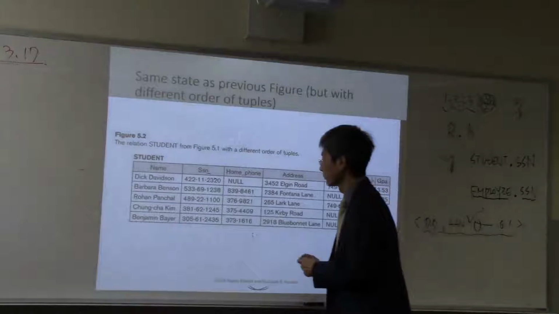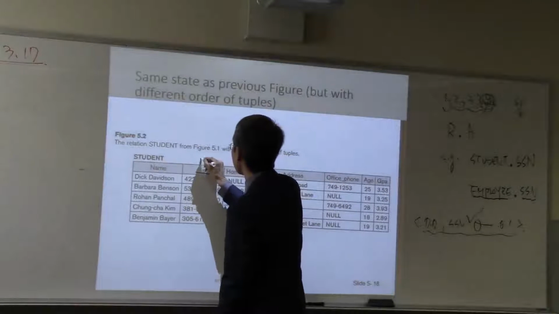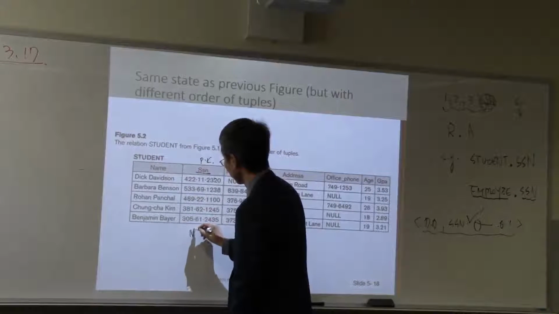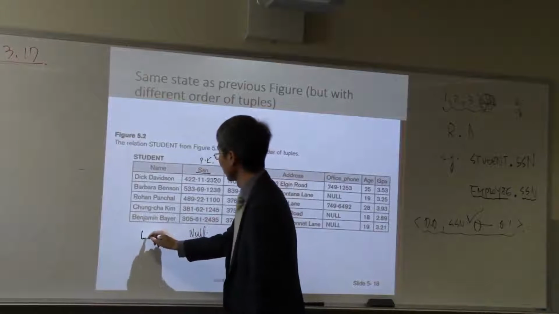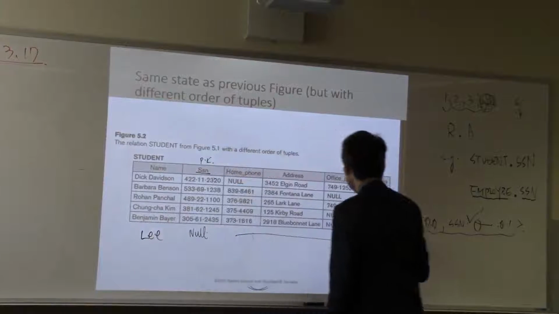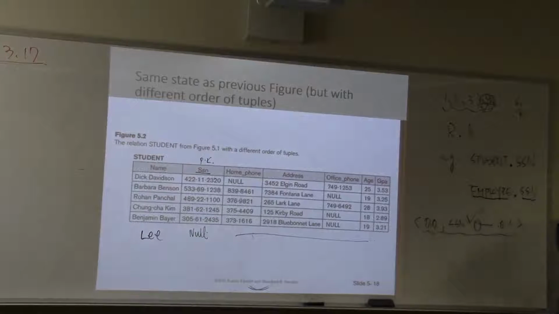What about this one? So we decide that this is a primary key. I insert this data. Is it okay according to the key constraint or not? No. Why not? Primary key cannot be null.